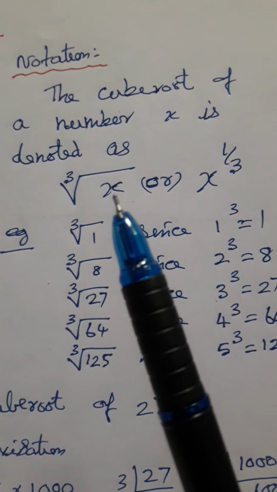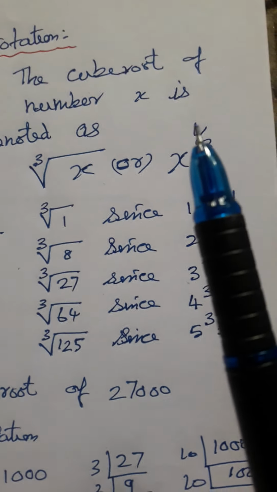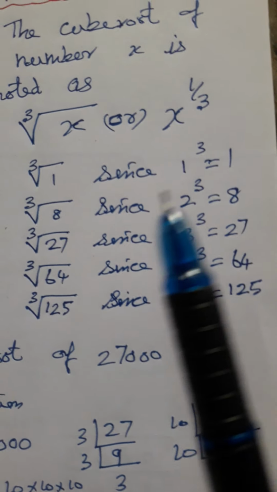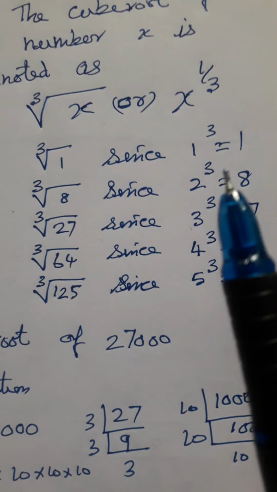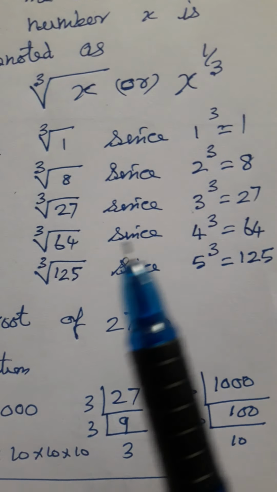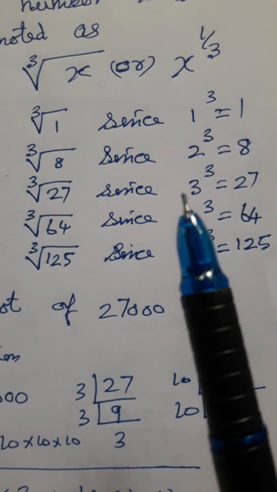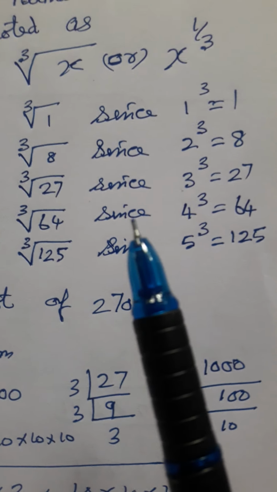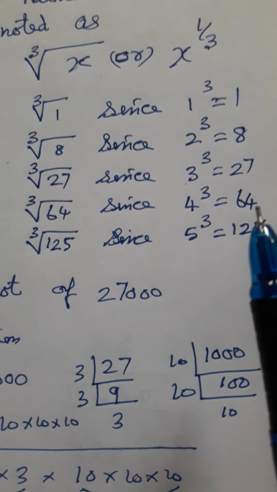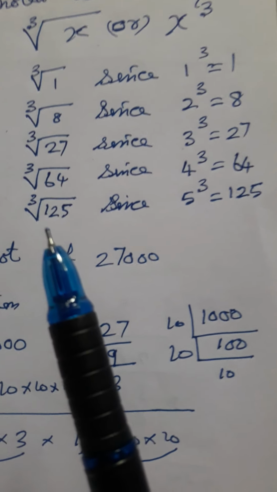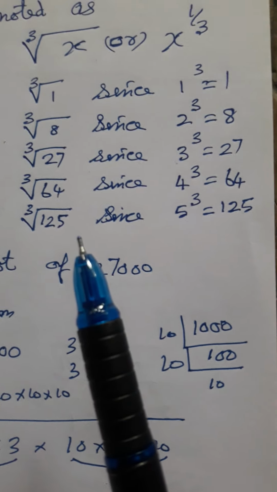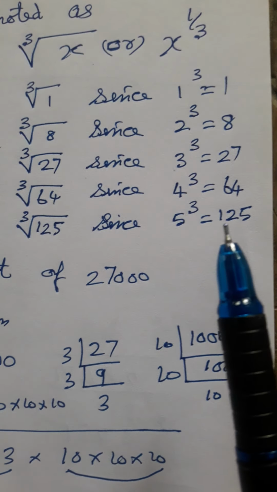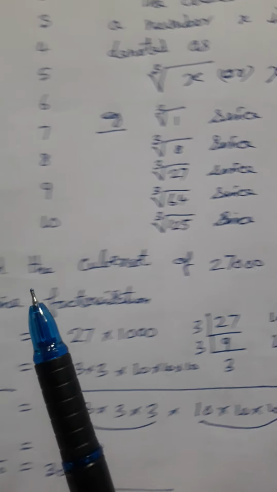For example, cube root of 1, since 1 cube equals 1; cube root of 8, since 2 cube equals 2 into 2 into 2, 8; cube root of 27, since 3 cube equals 3 into 3 into 3, 27; cube root of 64, since 4 cube equals 4 into 4 into 4, 64; and cube root of 125, since 5 cube equals 5 into 5 into 5, 125, and so on.